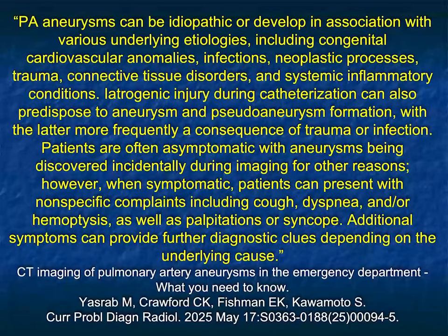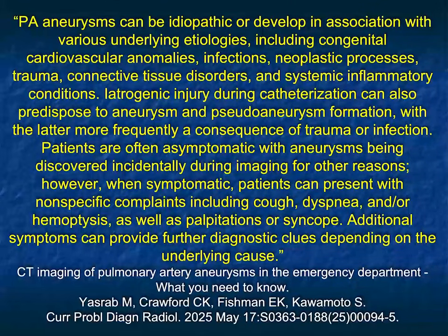So again, the ability to use all of your tools in the evaluation of these patients becomes very, very important. Now, in this article, we spoke about many of the different possibilities for pulmonary artery aneurysms, idiopathic, associated with various conditions. We mentioned some of these before, from connective tissue disorders to neoplastic disease, IV drug abuse, lots of different possibilities.